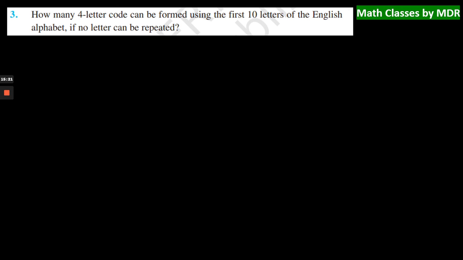Now let's see the third problem. How many 4-letter codes can be formed using the first 10 letters of the English alphabet if no letter can be repeated? Let's write the first 10 alphabets: A, B, C, D, E, F, G, H, I, J, numbered 1, 2, 3, 4, 5, 6, 7, 8, 9, 10.